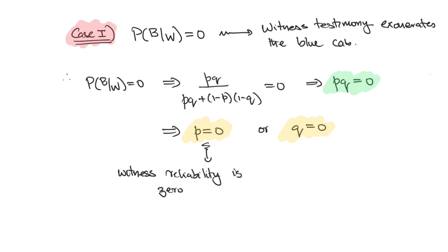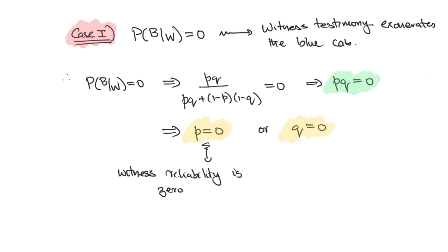For example, maybe we know with prior knowledge that the witness is blind, or that the witness was never at the accident site, right? So our prior subjective information is affecting our posterior conclusion of the car being blue given the witness testimony.